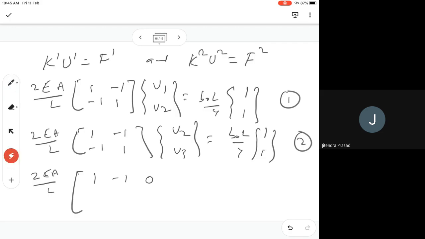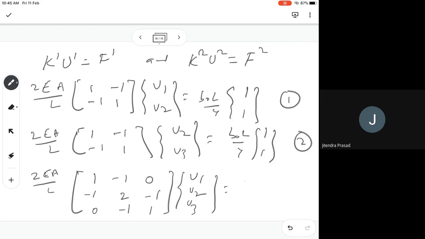So if you combine them together, then what you will get is 1 minus 1 0, minus 1 2 minus 1, then 0 minus 1 1, and then U1 U2 U3 is equal to B naught L over 4 times 1 2 1.